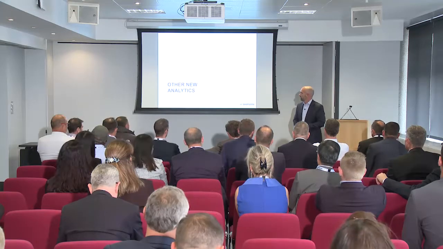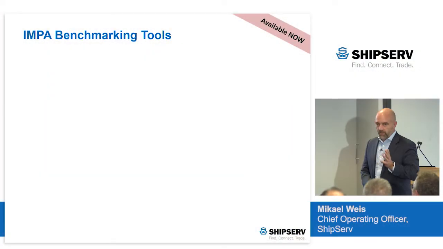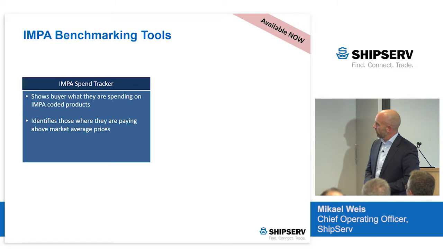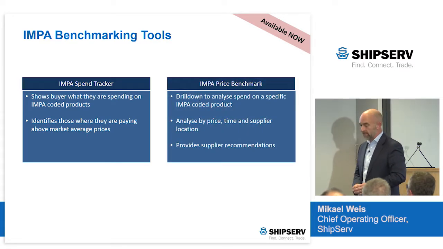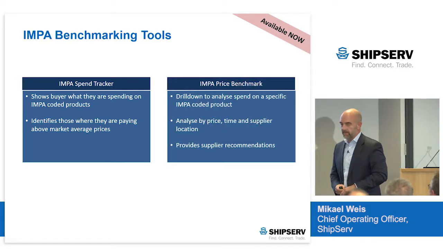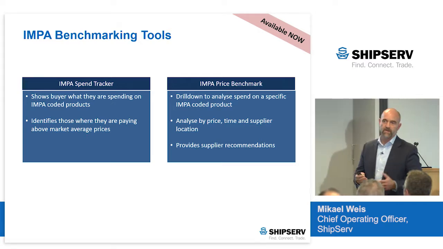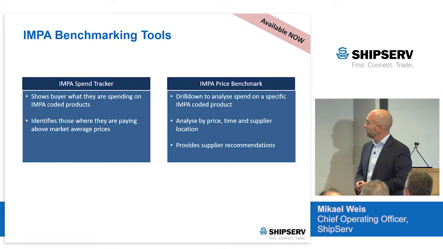So a little bit more about the other types of analytics that we offer before we get into the invoicing, which is the last piece. We just had the IMPA introduction by Stephen and Don, and before the launch of that, we actually provided a tool for the buyers to benchmark the IMPA number on the platform. And as a lot of the buyers are using IMPA numbers, this was possible.